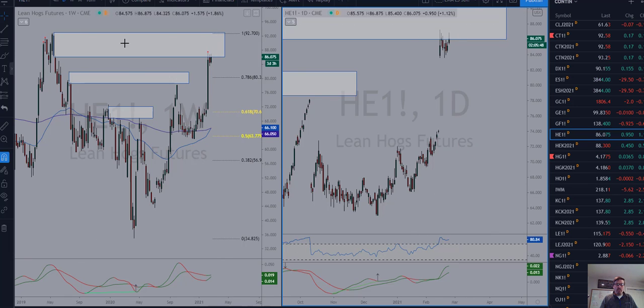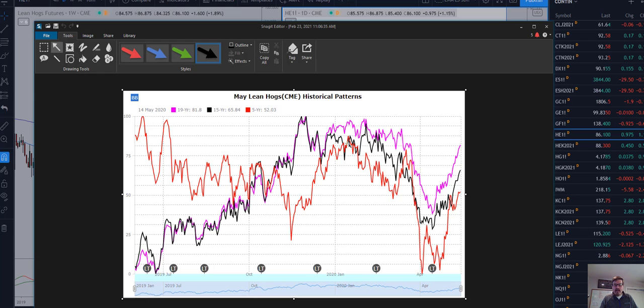And not only are we trading into resistance or price structure here, we are also trading in line with seasonality. So looking at a 5, 15, and 19-year chart here of May hogs, you should be able to see this area right around in here. This is an area where, mid to late February, early March, all of the historical price averages pretty much top out, and they trade to the downside going into April, to mid-April, into early May.